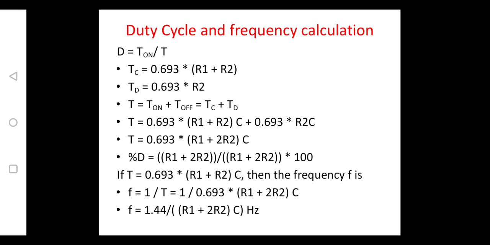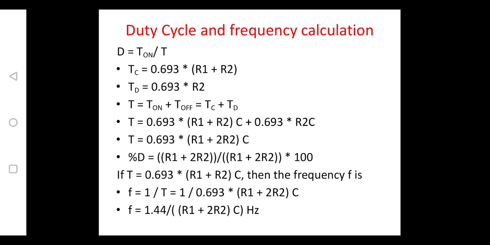If we substitute these values in the formula of duty cycle, we'll be getting the duty cycle equal to (R1 plus R2) by (R1 plus 2R2). If we want to calculate in terms of percentage, just multiply with 100.